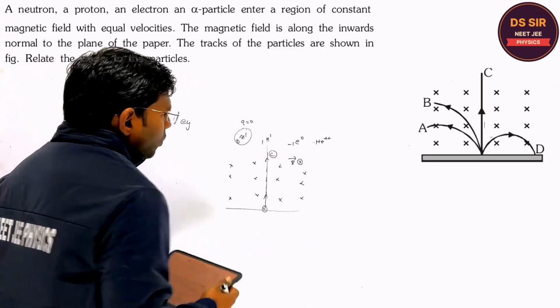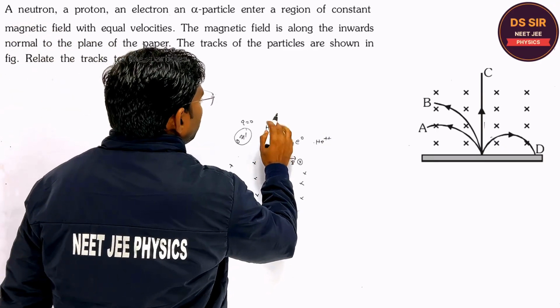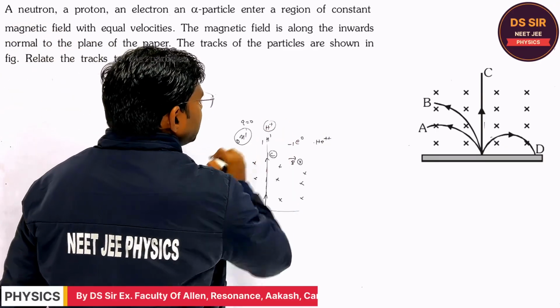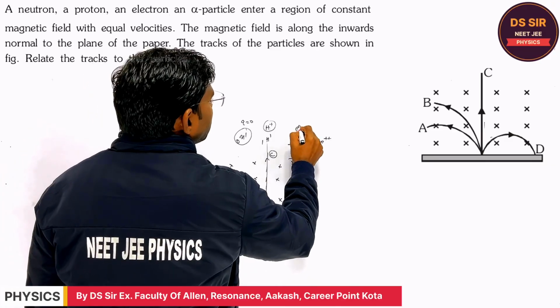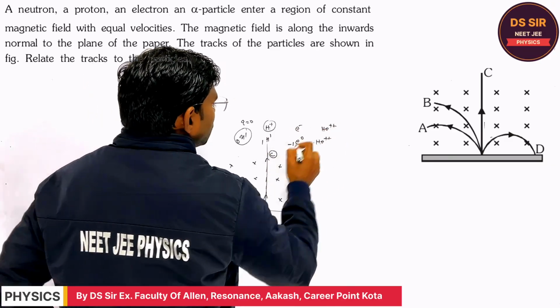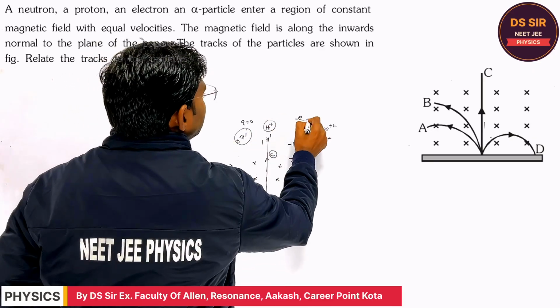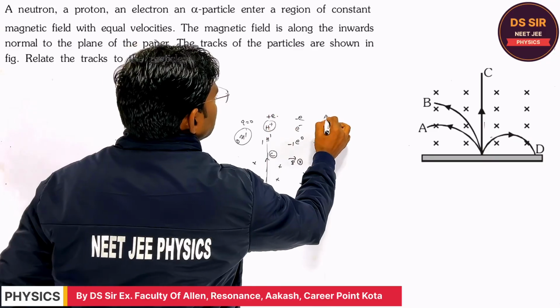Yes. Now consider the proton, which is H+, the electron, e minus, and He++. The electron has charge minus e, the proton plus e, and the alpha particle plus 2e.